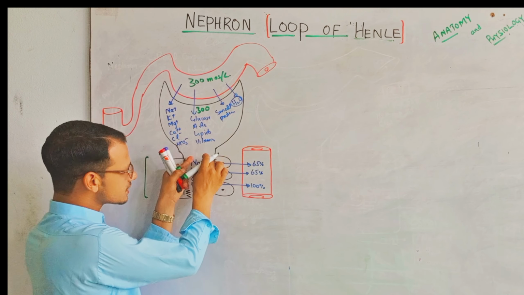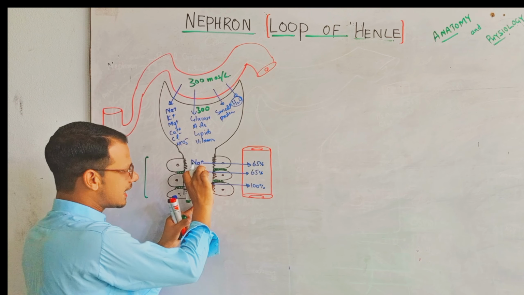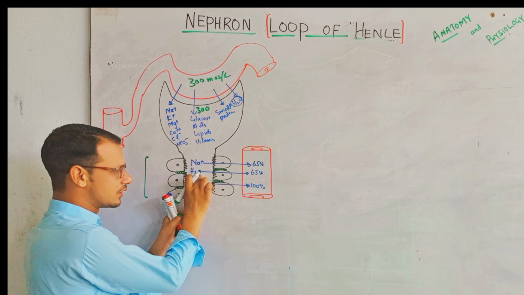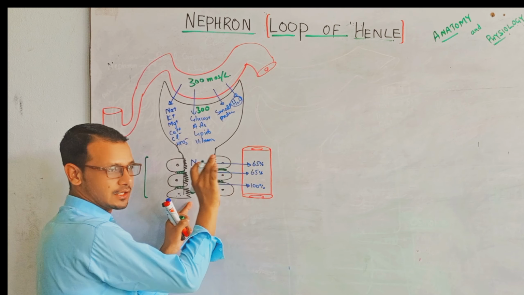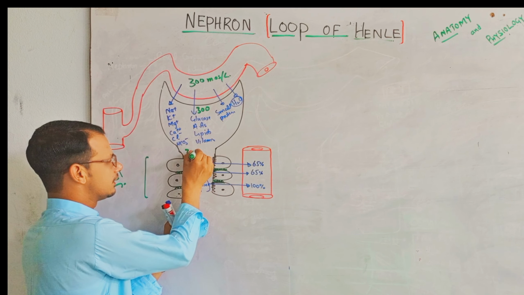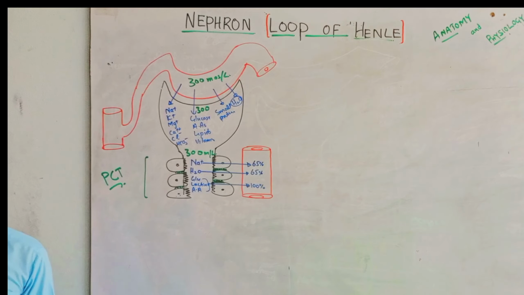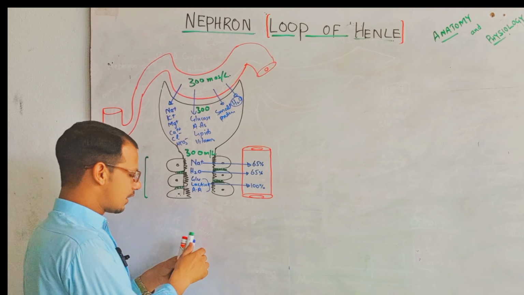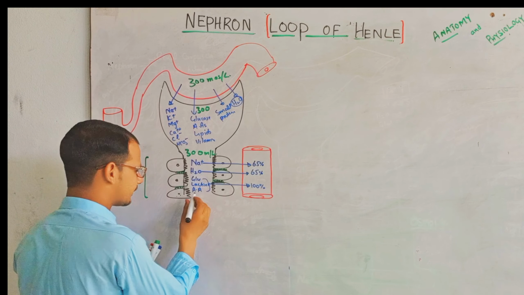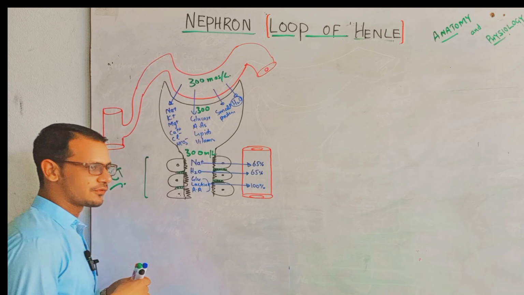Here in the proximal convoluted tubules, the same amount of solutes and the same amount of water is reabsorbing, so the osmolality here will be 300 milliosmol per liter. Right? Now the next part is the loop of Henle.